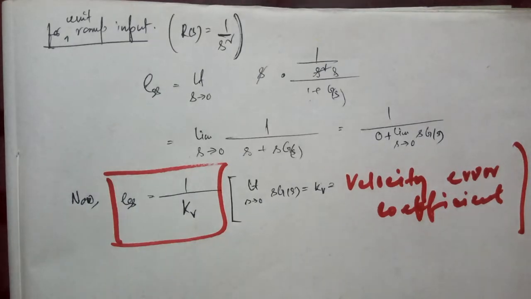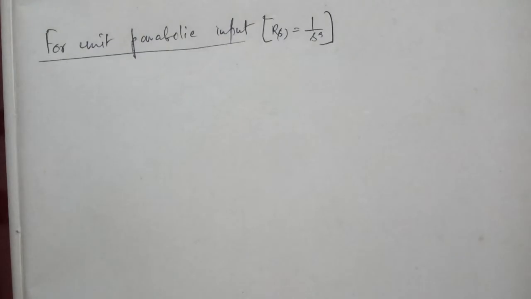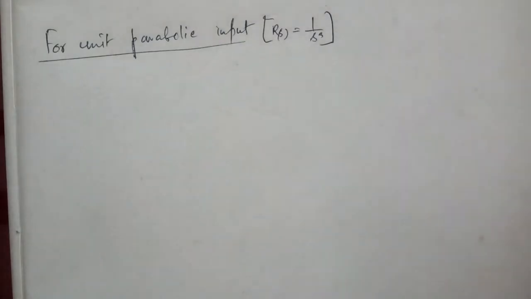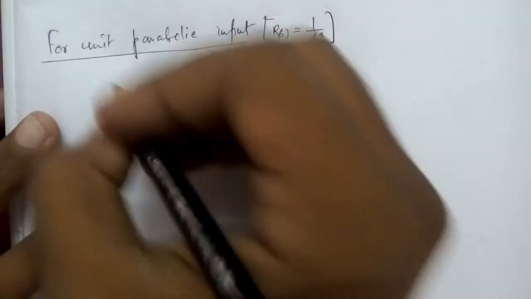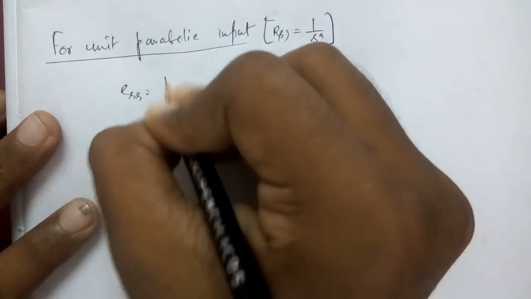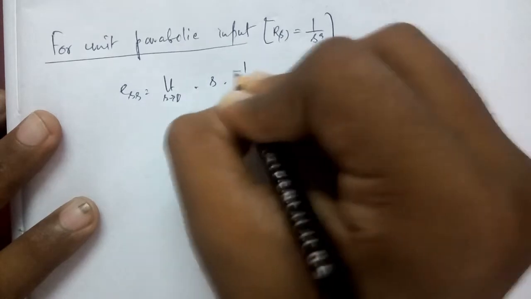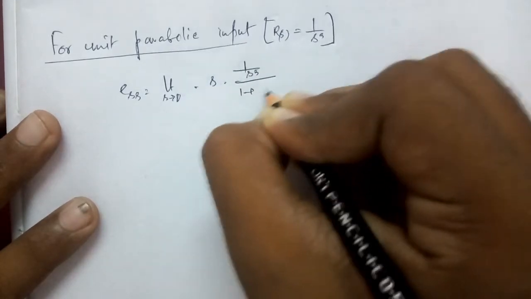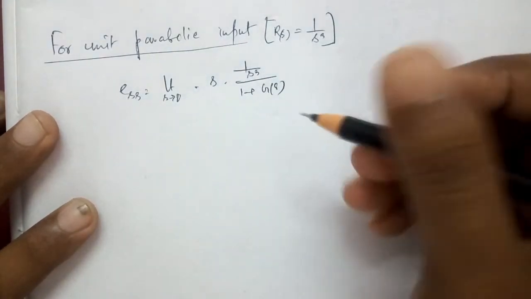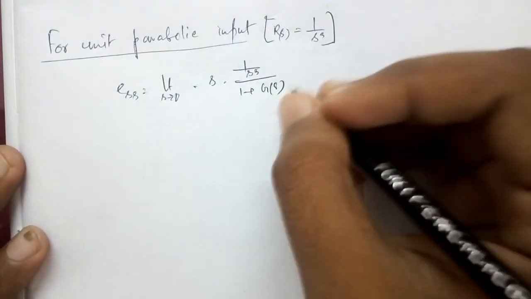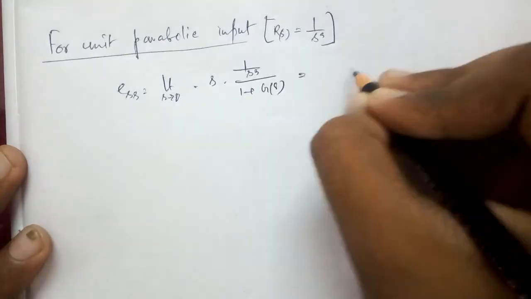Now the third, that is unit parabolic input. For unit parabolic input, obviously R(s), the input, will be 1 by s cube. So in this case e_ss will be limit s tends to 0 of s into 1 by s cube by 1 plus G(s). G(s) can be anything, the open loop transfer function, as we are taking a negative unity feedback system.